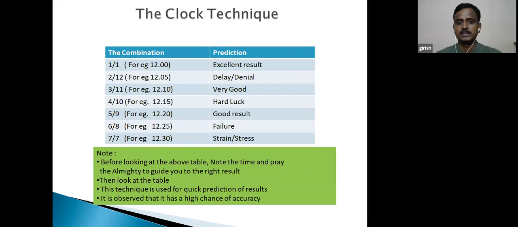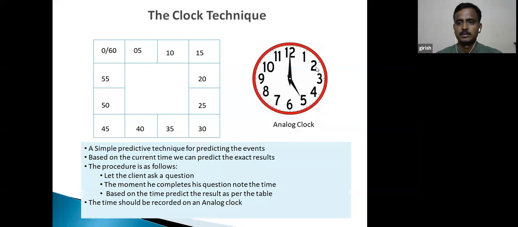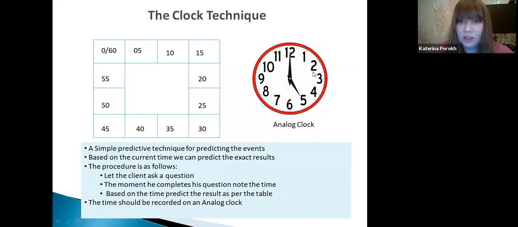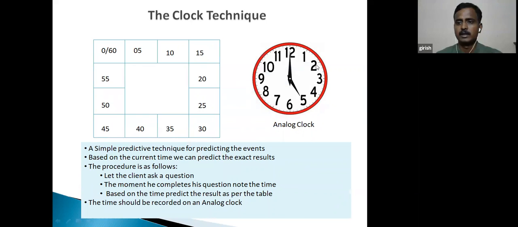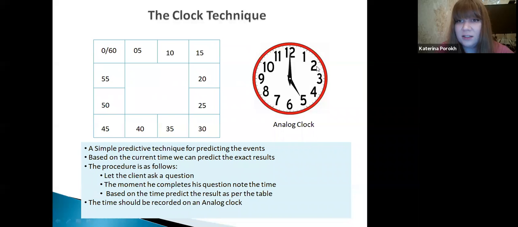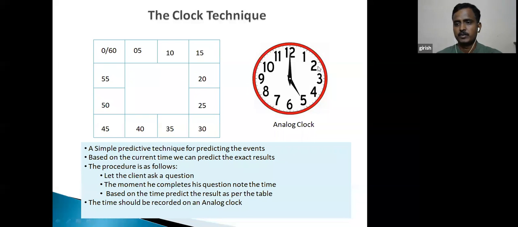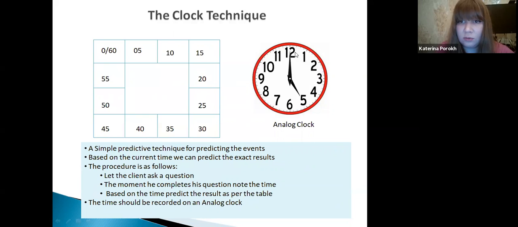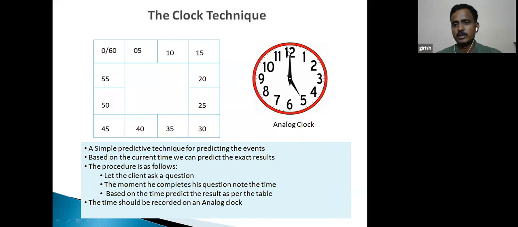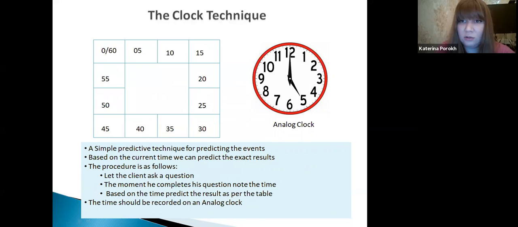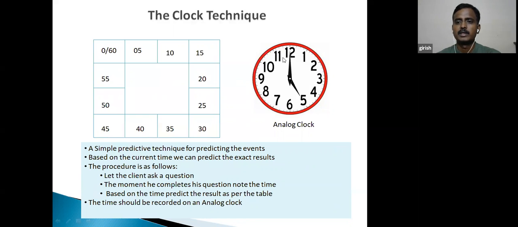Okay. Now the next combination: 12 and 10. For example, 12:10, 12 hours, 10 minutes. From 12, if I count, it is 1, 2, and 3. Counting from 12 to 2, which is 10 minutes, gives 3 houses. From 2 counting to 12, it will be 11.